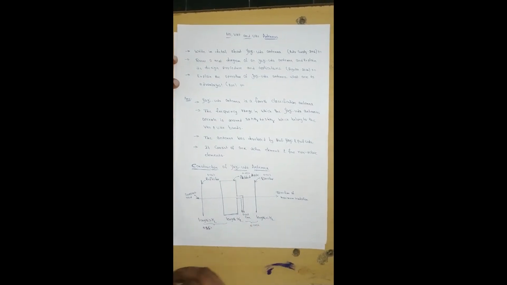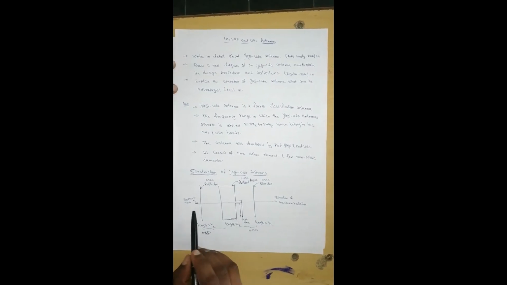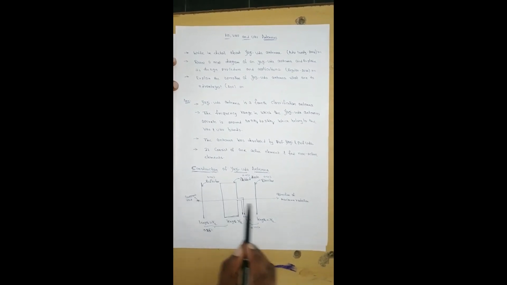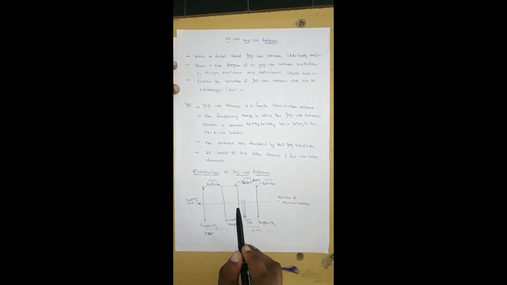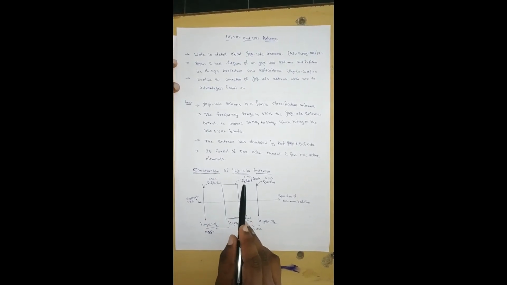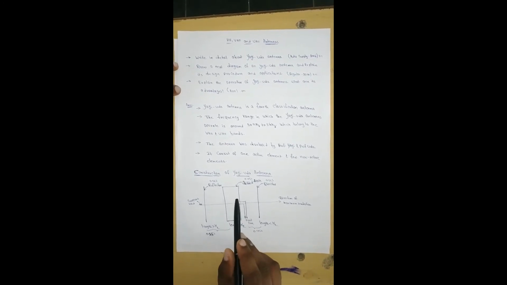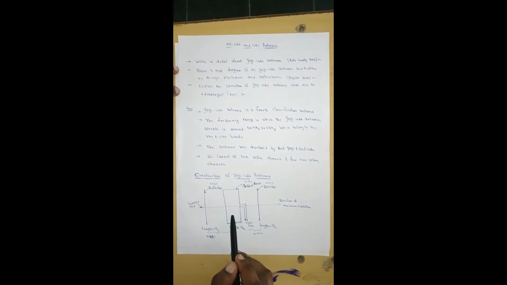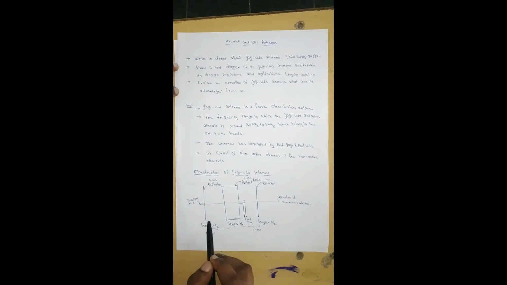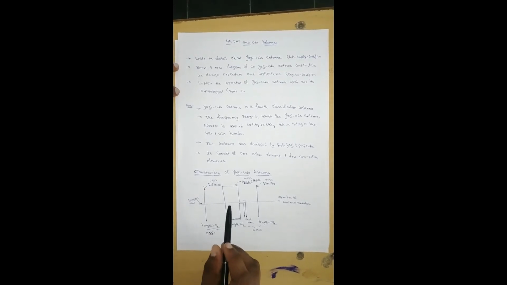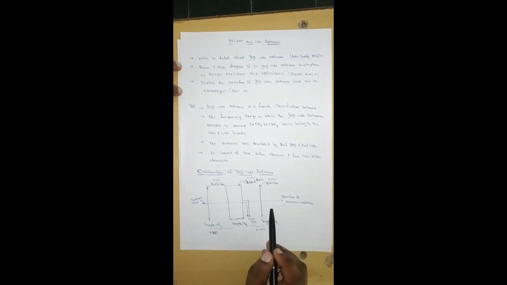Construction of the Yagi-Uda antenna: how do we construct it in detail? Using one supporting rod, the active element used here is a folded dipole. Beside this, the reflector is placed, and in front of the active element, the director is placed.